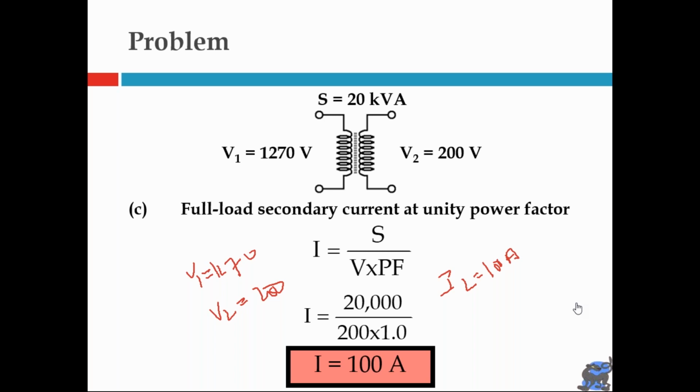From the transformation ratio, we can calculate this value. The transformation ratio is V2 divided by V1 equals I1 divided by I2. From this I need the I1 value, so I1 equals 100 into 200 divided by 1270. Then find the value of I1.